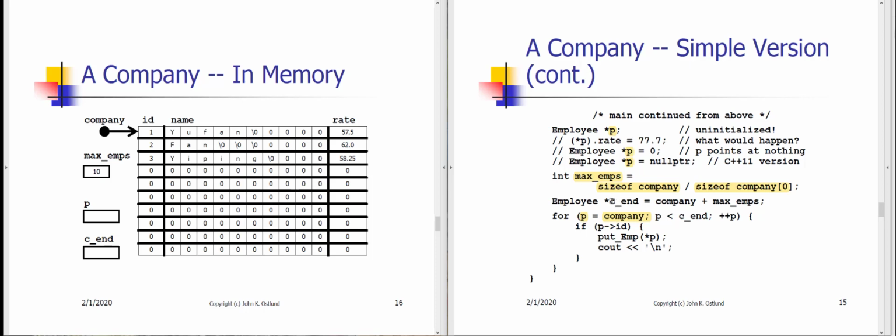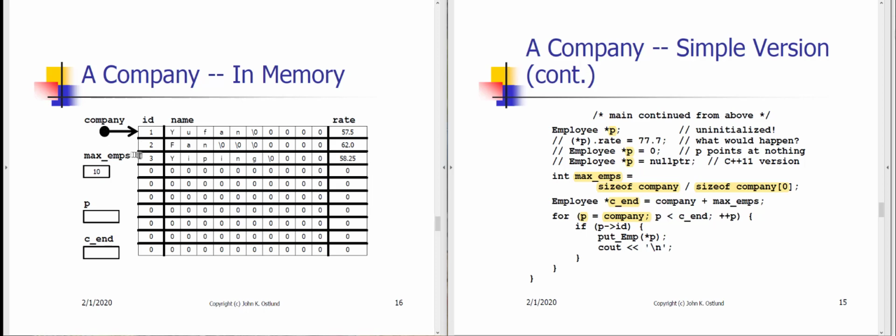Okay, so to mark the end of the array, what I want to do is take the start of the array and add the number of elements that there are in the array. Company plus 10 in this case. Well, let's see. Company points to the first slot, the sub 0 slot. Company plus 1 points to the sub 1 slot.